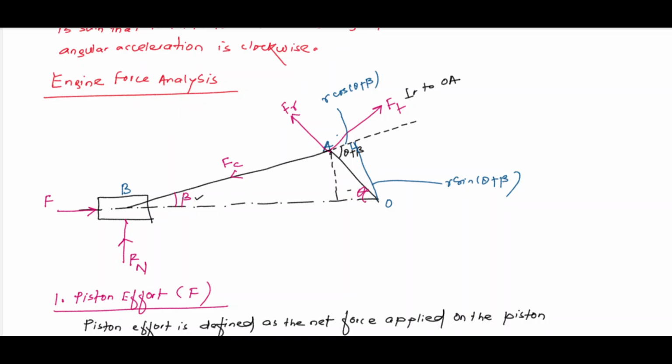And if we draw a line normal to this horizontal line OB, this angle will be beta.